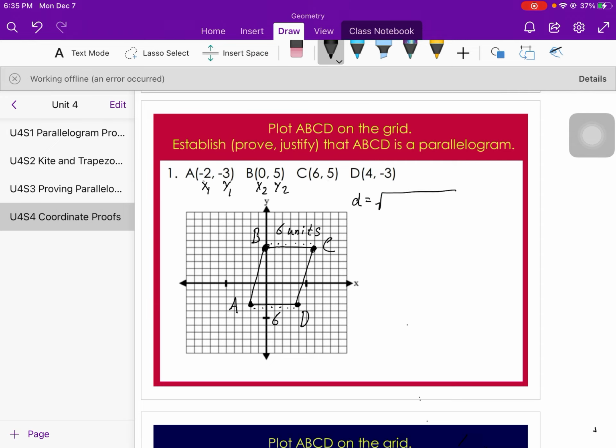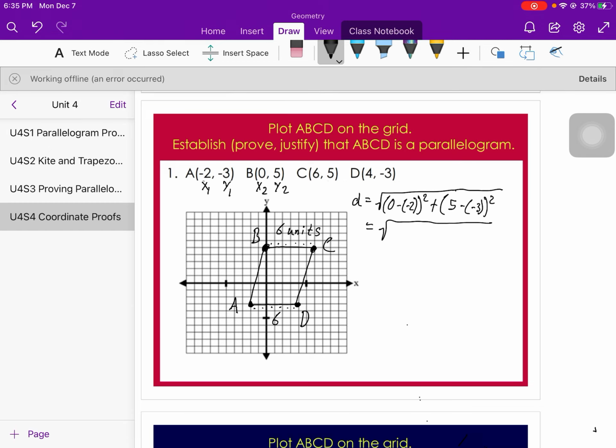D equals, we're starting with A and B, so x2 minus x1 is 0 minus -2, squared, plus 5 minus -3, squared.